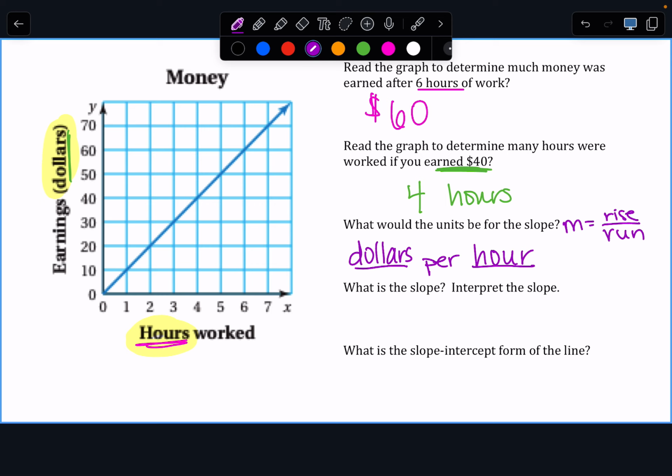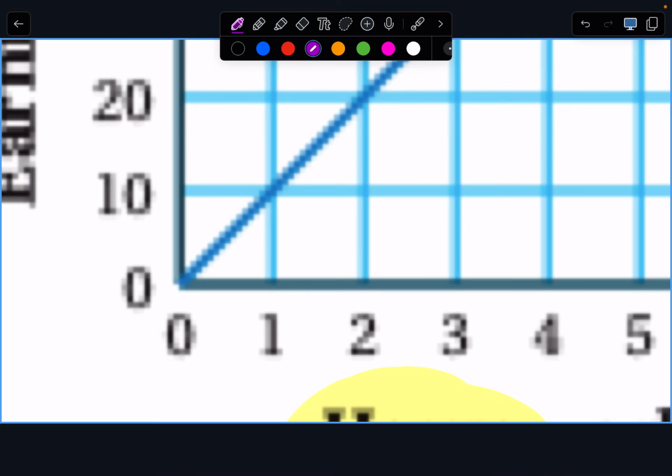What is the slope of this graph? If I go from here to here, how much do I rise? I understand we're rising 1 tick mark, but how long is it?